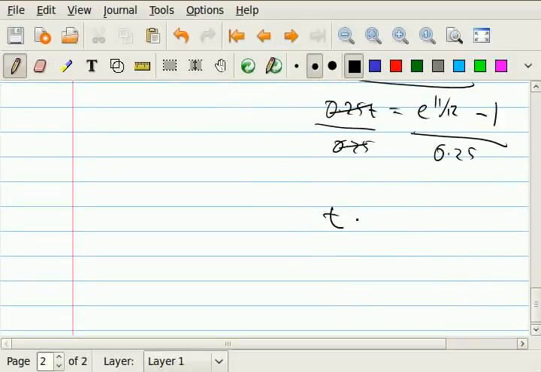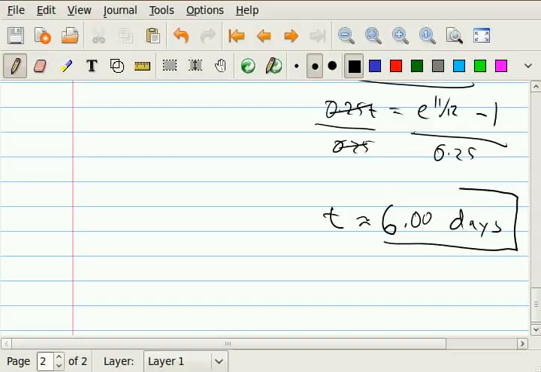We get t is approximately, and definitely something we need to find on the calculator. Well, guess what? It turns out to be almost exactly 6. It's like 6.00. So we can say 6.00 days. That's how long it takes for the population to be 12,000.